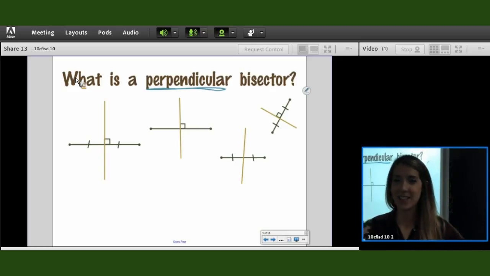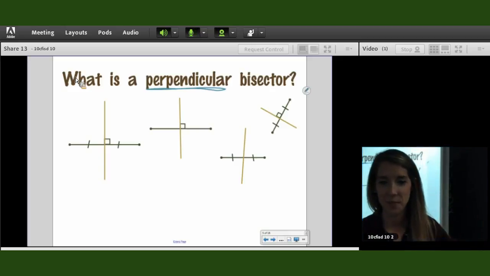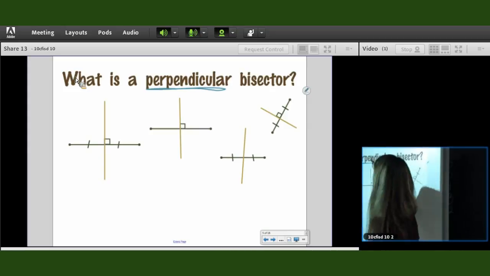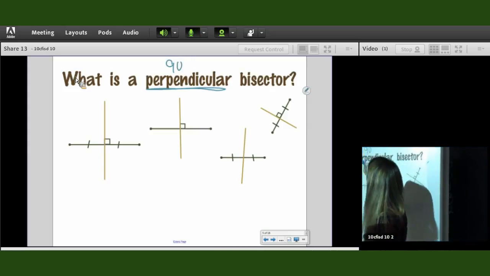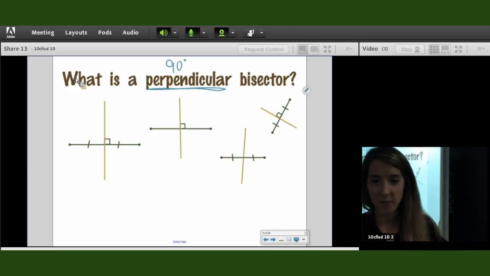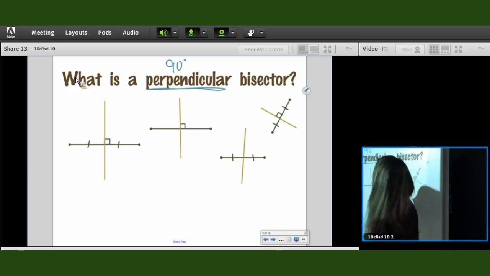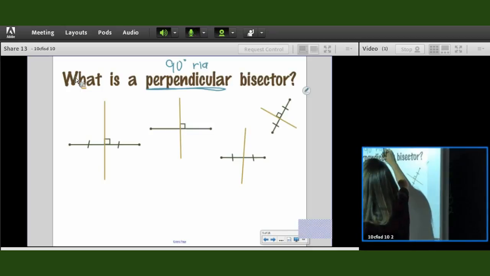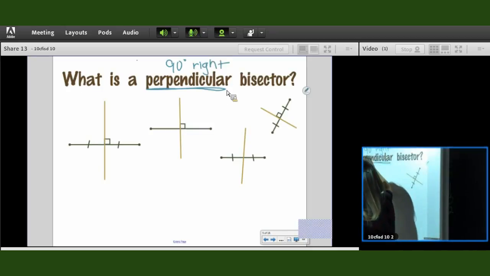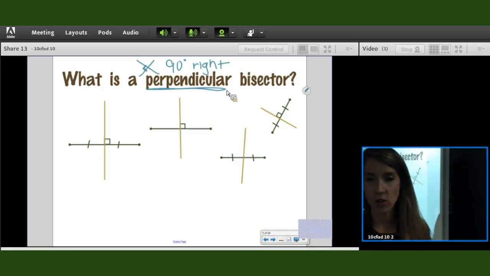Okay. What else do you think of when you hear perpendicular? 90-degree angle. Yeah? So perpendicular, you should think of a right angle, a 90-degree angle, just two lines that intersect at a 90-degree angle.